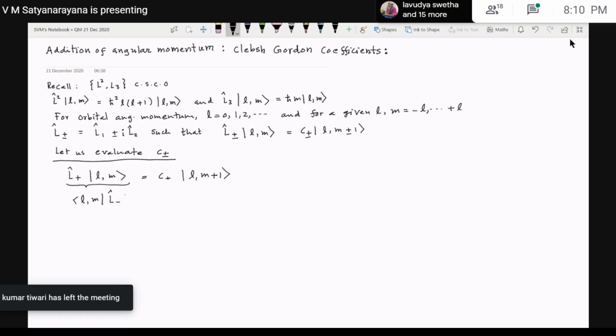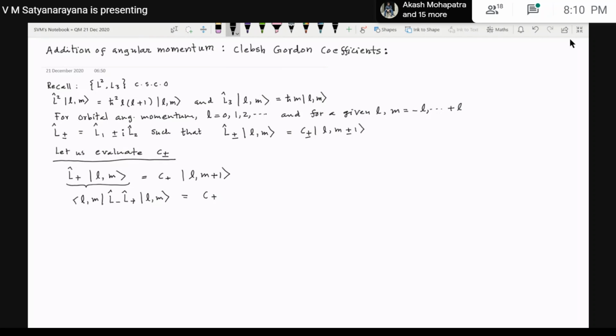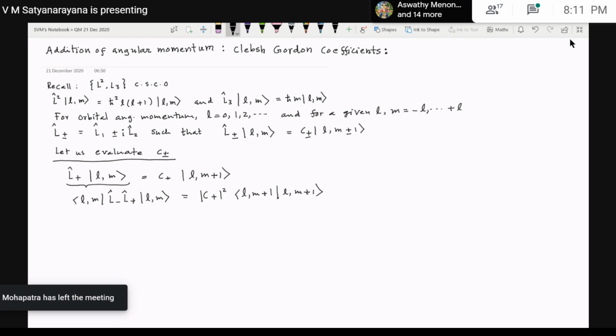Then we take the inner product of this with L plus acting on |L, M⟩, and that is equal to C plus modulus square, because on the right-hand side it will be C plus star times ⟨L, M plus 1|L, M plus 1⟩. So this is 1.